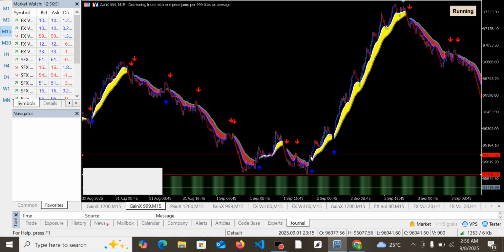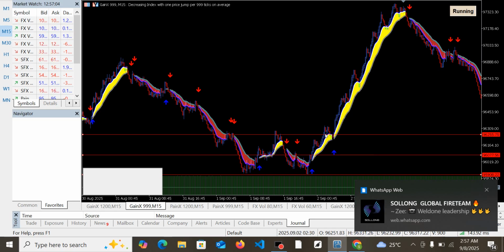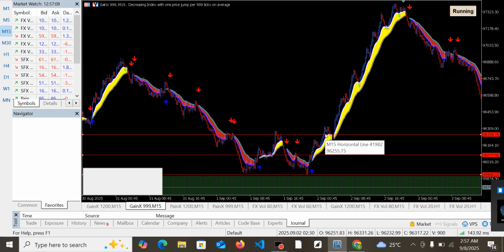By the time the market got to somewhere here, where we had another pullback, it gave us another buy order. Remember, your first order will have been in profit. Even if you want to close it at that point, you will have made a lot of profit. But let's say you don't want to close it because the trend is just starting.